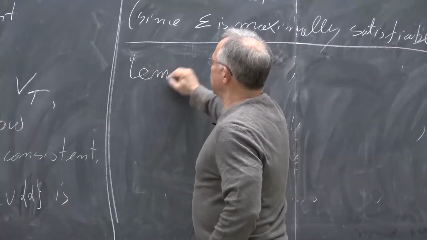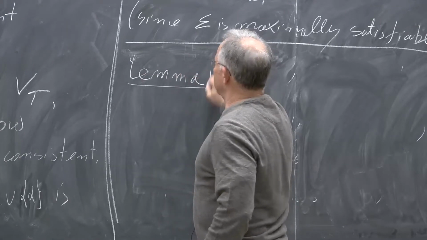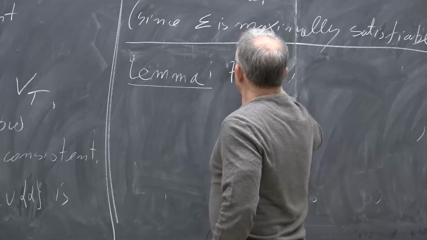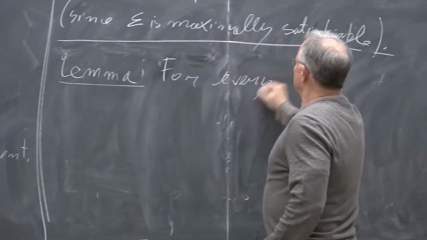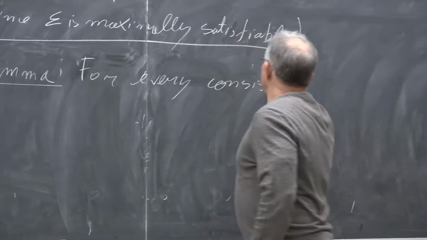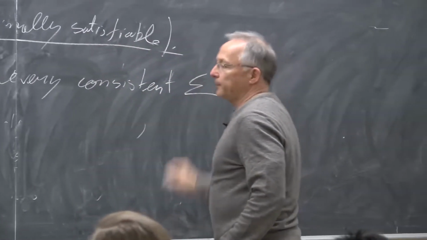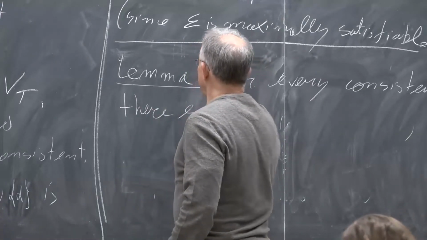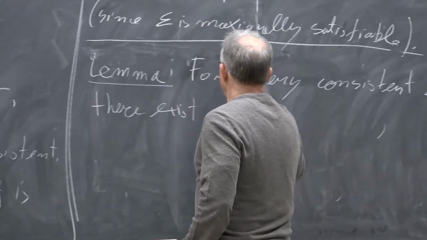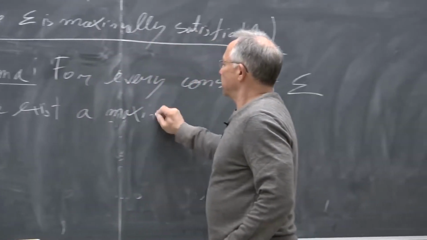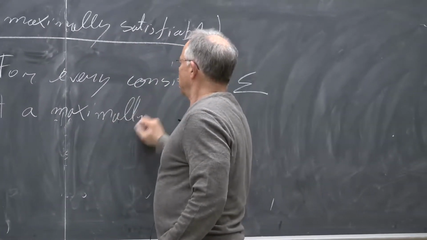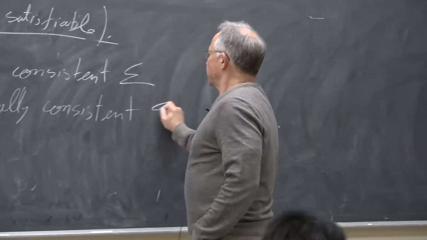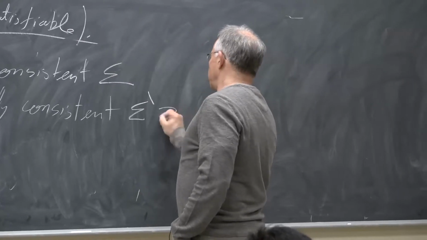And the lemma is very similar to what we did with satisfiability. It says that for every consistent sigma, there exists a maximally consistent sigma prime, which is a superset of sigma.